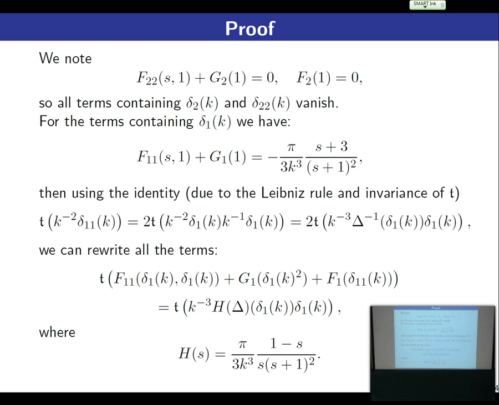Then using some Leibniz rule, invariance of the trace, one gets the following expression. And then all the terms which contain this first derivative of k can be written in this way, where there is one function h of one variable only. So at the end, all this is controlled by such a function, making it to the common denominator.